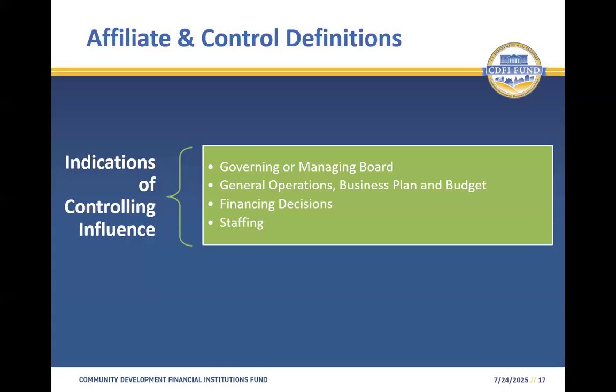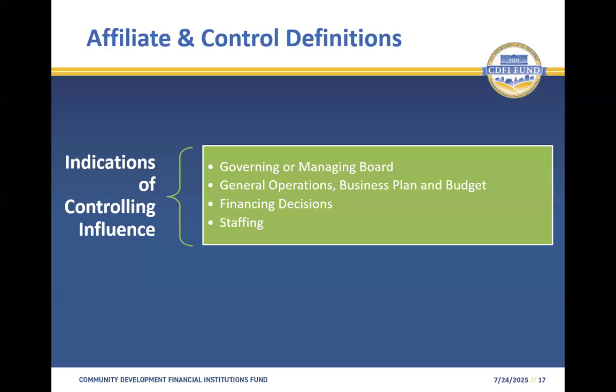The next dynamic relates to general operations, business plan, and budget. Control can exist if an affiliate plays an active role in an entity's operation or in establishing and/or implementing its business plan or overall budget.